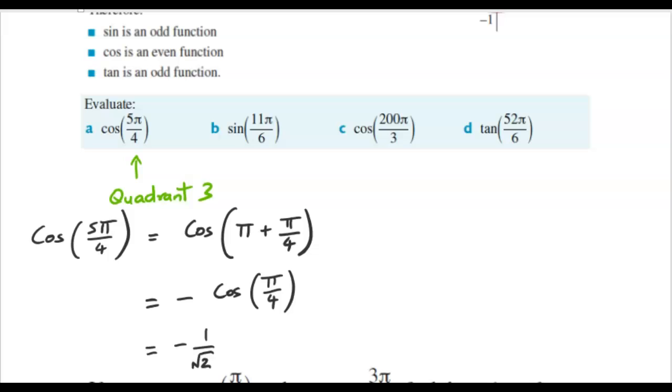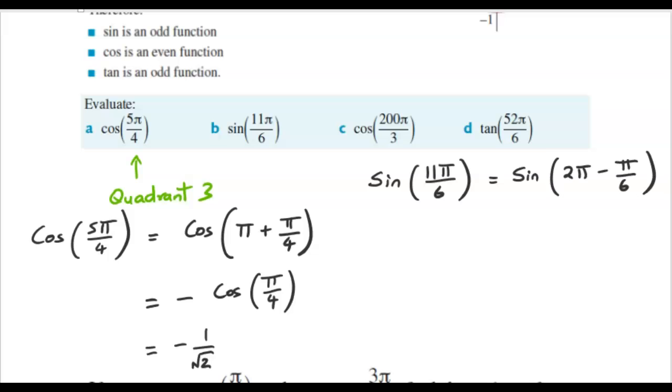Similarly, if I have a look at sine 11 pi on 6, right? Sine 11 pi on 6 is just slightly below 2 pi radians. So which means this is going to be in the fourth quadrant. So we can relate it to the first quadrant by going 2 pi minus pi on 6, right?